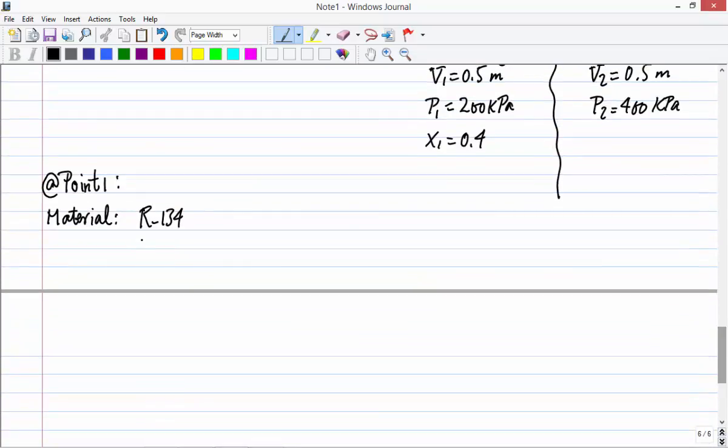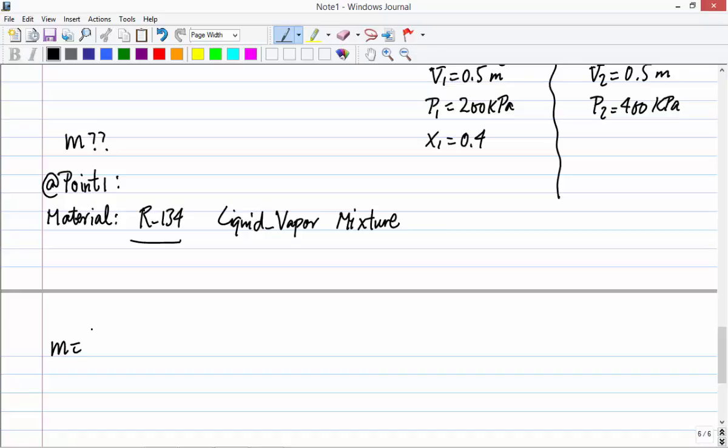Anyway, this is the material, and we have a quality, which means it's a liquid-vapor mixture, right? And that's good. I'm looking for mass, okay? And I know that mass equals the total volume divided by the specific volume, right? And mass is constant because it's closed.